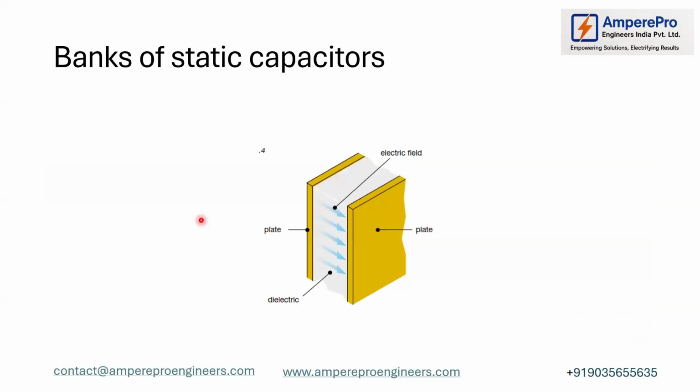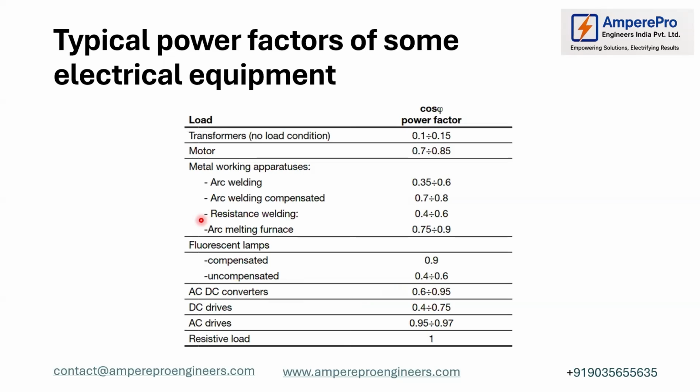That is one possibility. Then there are static capacitors, which are predominantly used on the medium voltage as well as the LV side. As you know, in capacitor banks there are two plates, and in between there is a dielectric medium in which electric energy is stored.